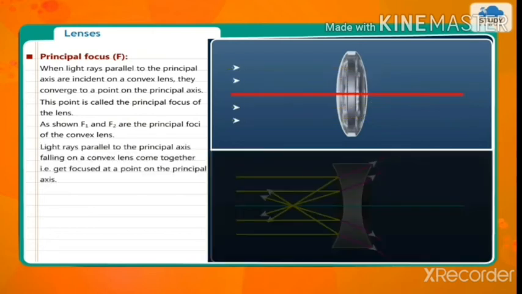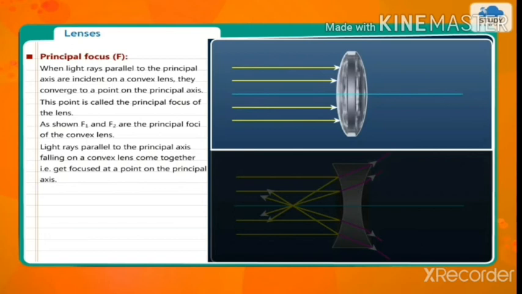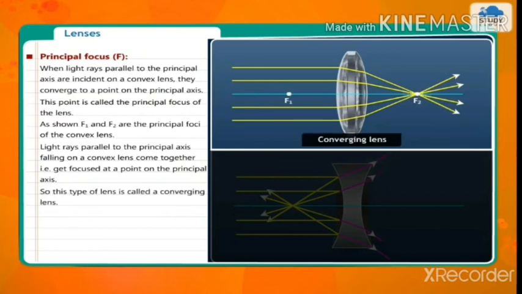Light rays parallel to the principal axis falling on a convex lens come together, that is, get focused at a point on the principal axis. So, this type of lens is called a converging lens.